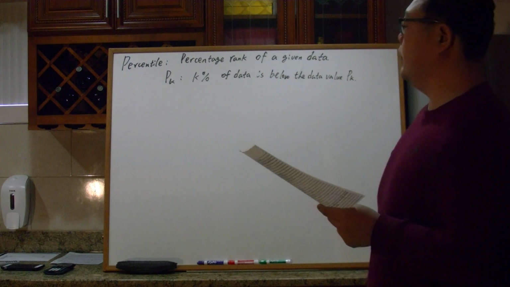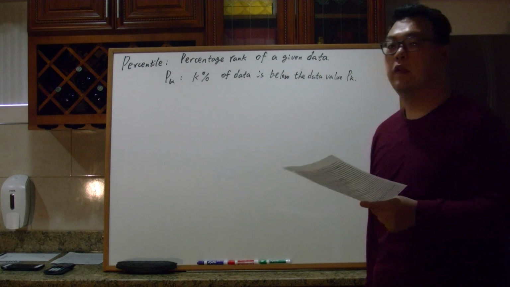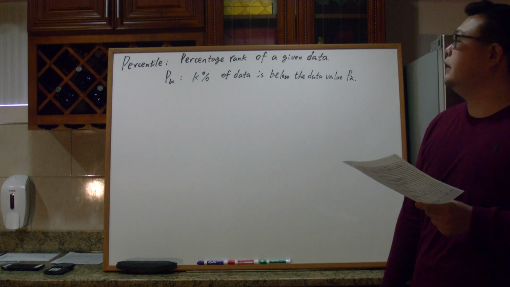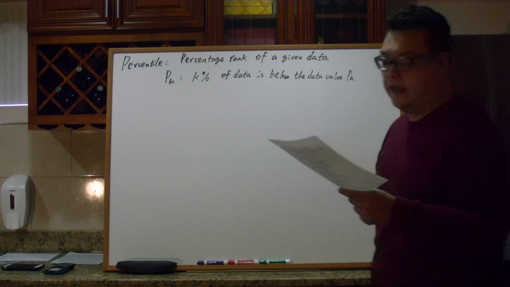Right, so P of K represents a data value that is K percent of the data in the data set is below the value P of K.